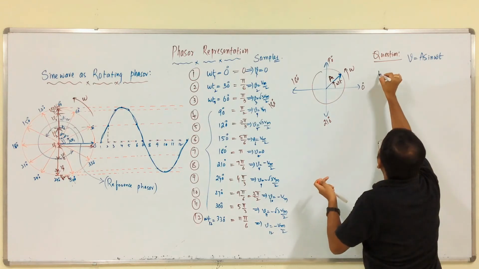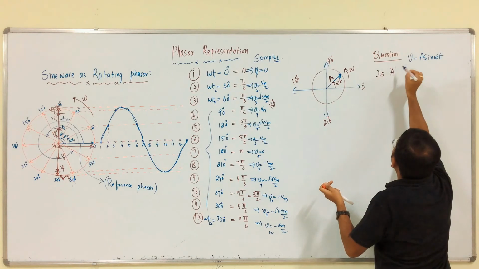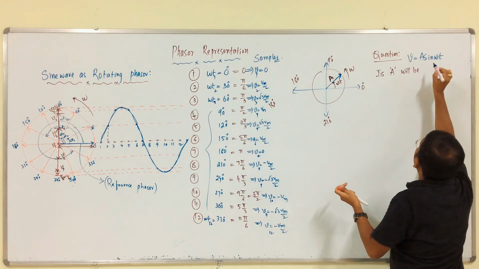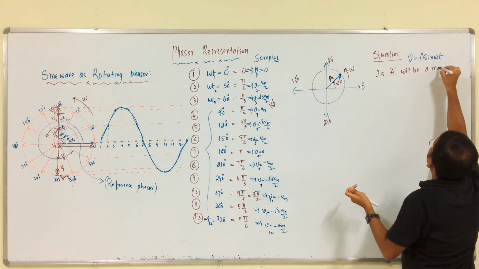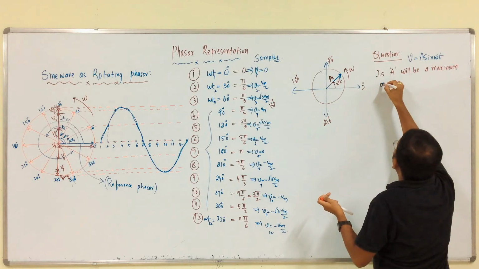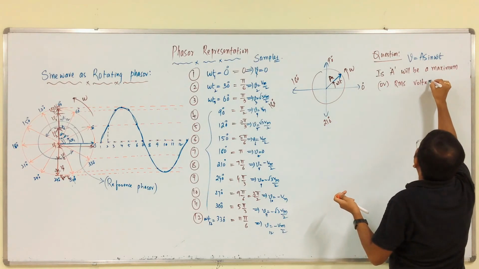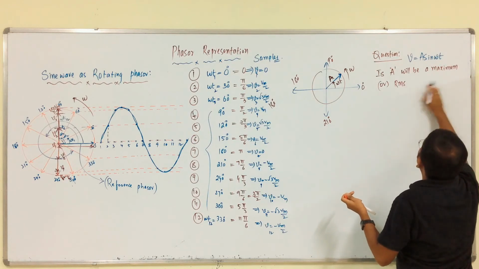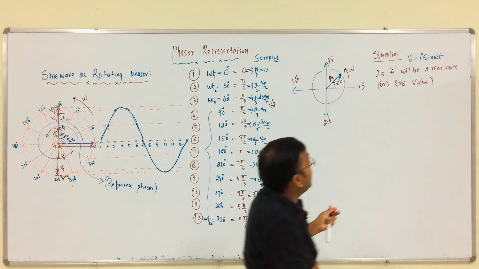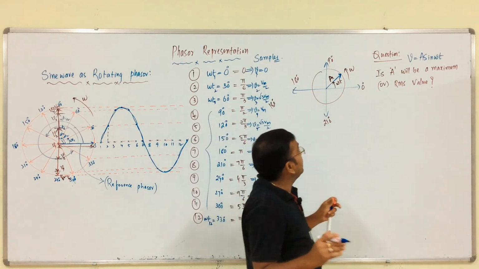Will A be the maximum value or the RMS voltage value? Is A a maximum or RMS value? That is our question, right?